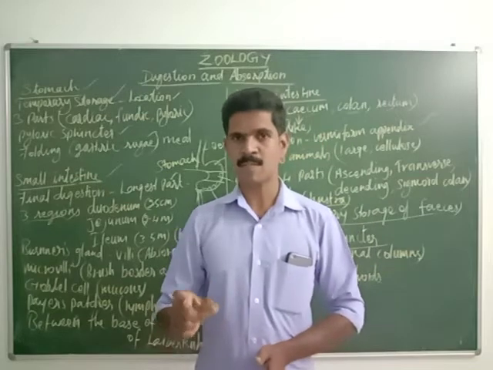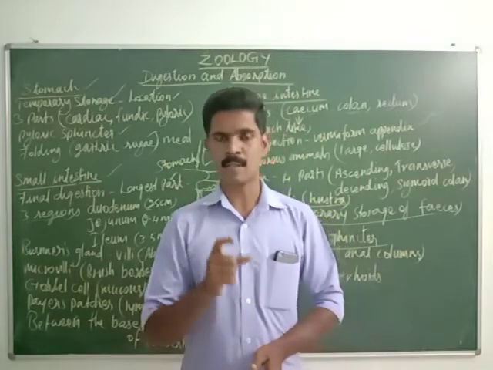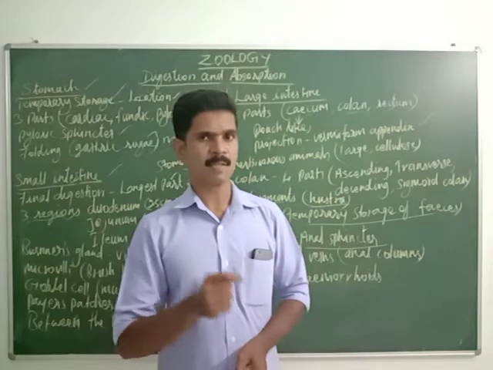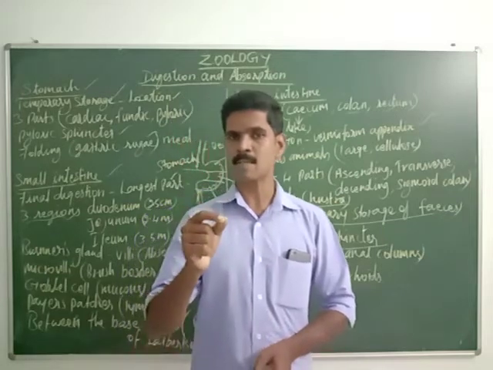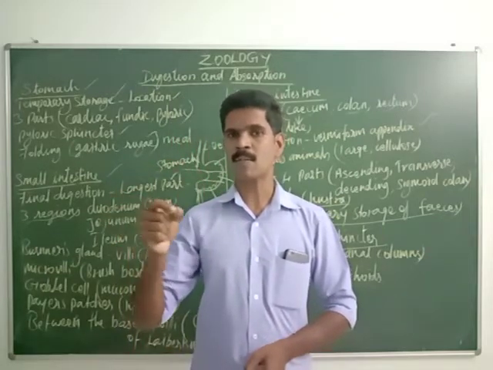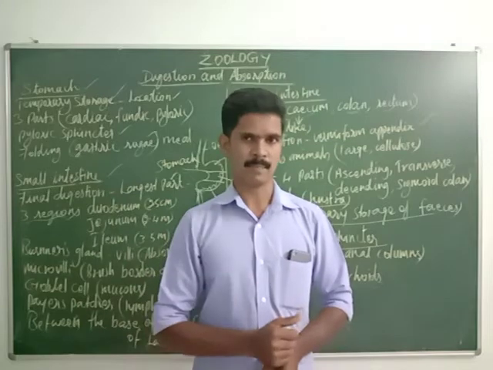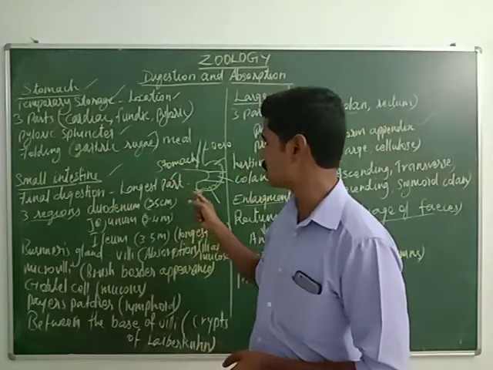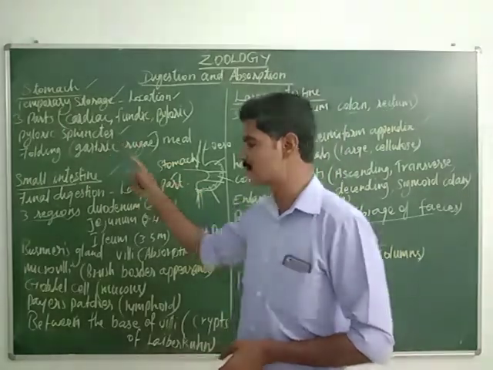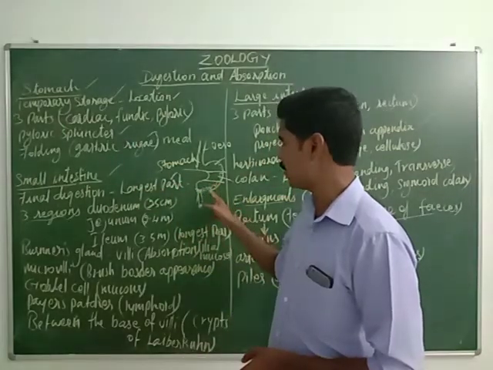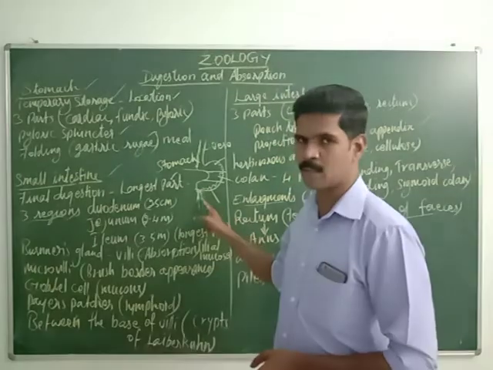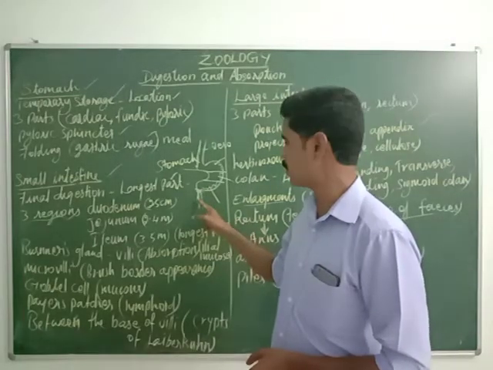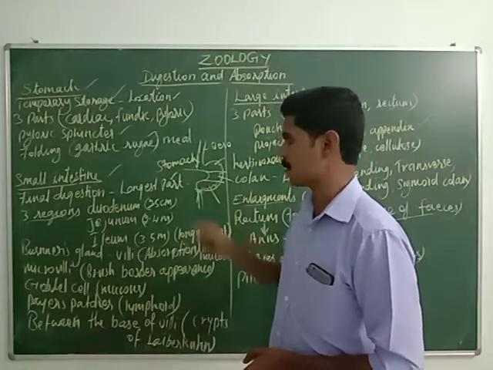In the last class we studied the first sphincter, the cardiac sphincter, present between the esophagus and stomach. And the next sphincter, which we studied today, is called the pyloric sphincter. It is present between the stomach and the duodenum, or small intestine.